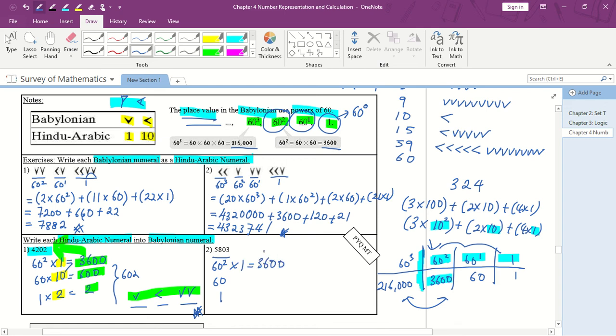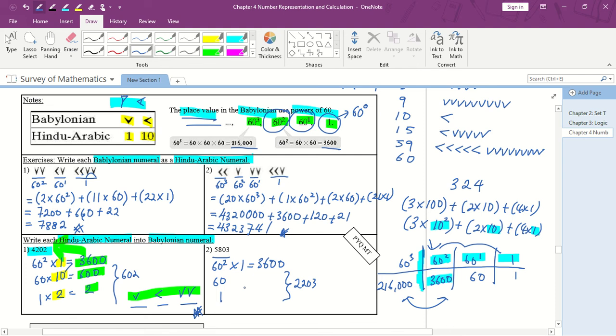And now what you need to do next is use 5803 minus 3600 and see what is left for 60 and 1. So 5803 minus 3600, you get 2203. And now use this 2203 to divide by 60 to know the number of 60 that you need.